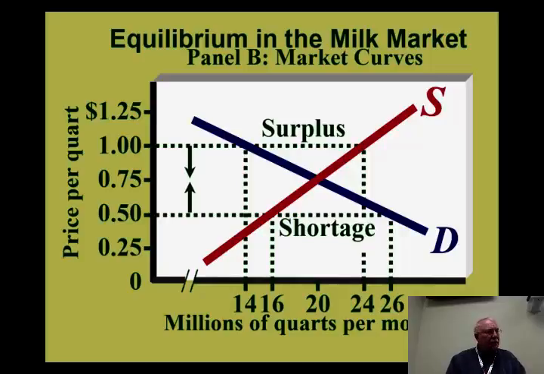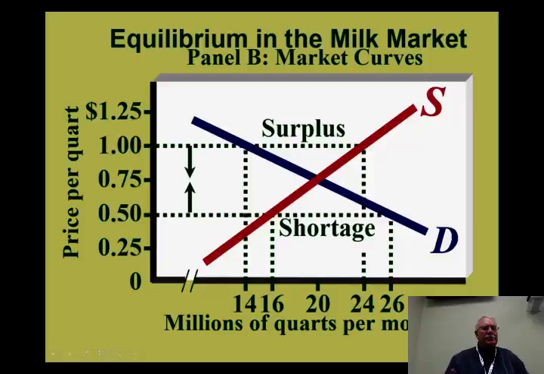So we have demand here, one group of people, and supply here, another group of people, in the same industry. Now the quantity supplied equals the quantity demanded at 75 cents.